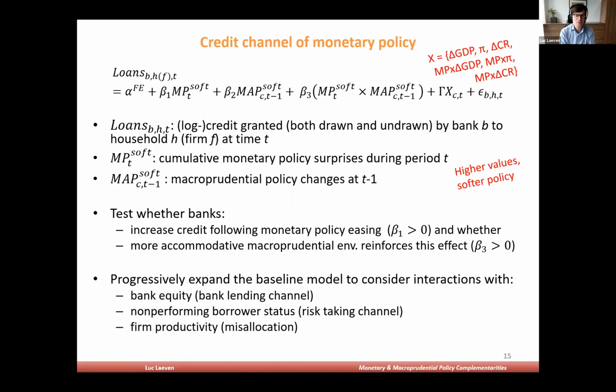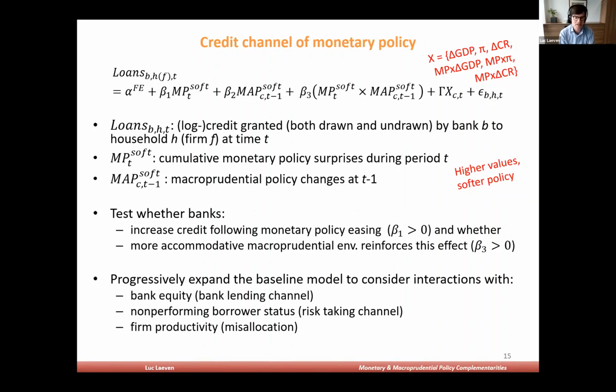And the two tests that we are interested in are, first, does a monetary policy easing increase credit? That is, the beta 1 coefficient should be positive, and whether more accommodative macroprudential environments reinforce this effect. So the beta 3 coefficient is also expected to be positive. And then we progressively extend and expand this baseline model to consider various additional interactions to pick up additional channels.